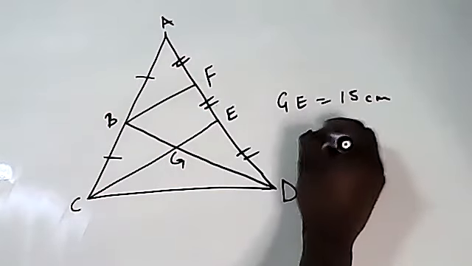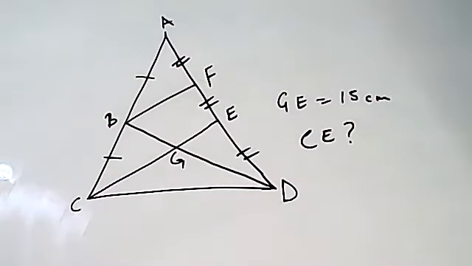So what is CE, from the information they gave us? Now, I want you to listen attentively and focus. What we see here: every time you have more than one triangle, you must always state which triangle you are working with.